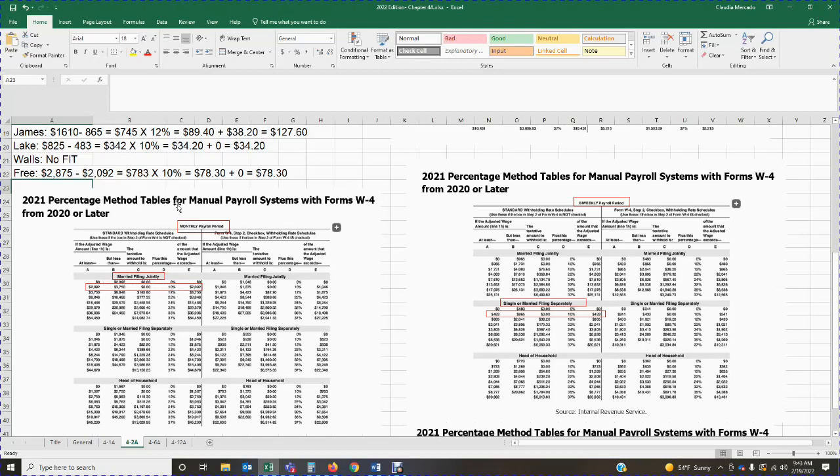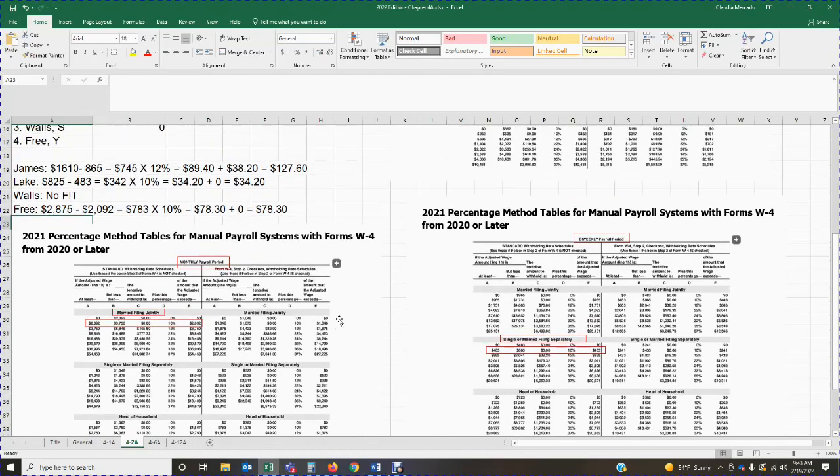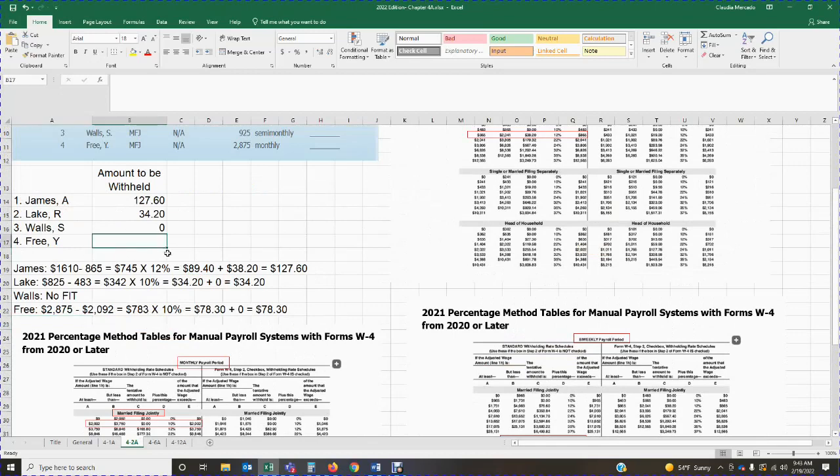Based on our tier, we're going to pay taxes of 10%. That gives me $78.30. Do we have to pay any additional taxes, the tentative amount to be withheld? No, we don't. That's a 0. So that's going to give me $78.30. Just follow the order: subtract that first number, multiply that second number, and then add that third number. So that amount is $78.30.